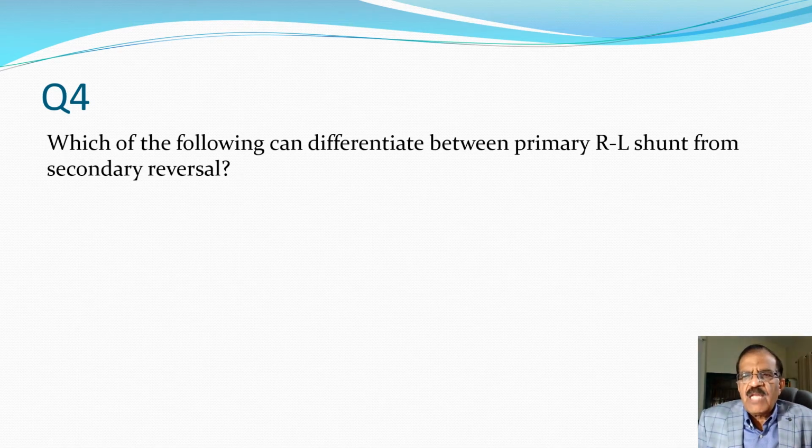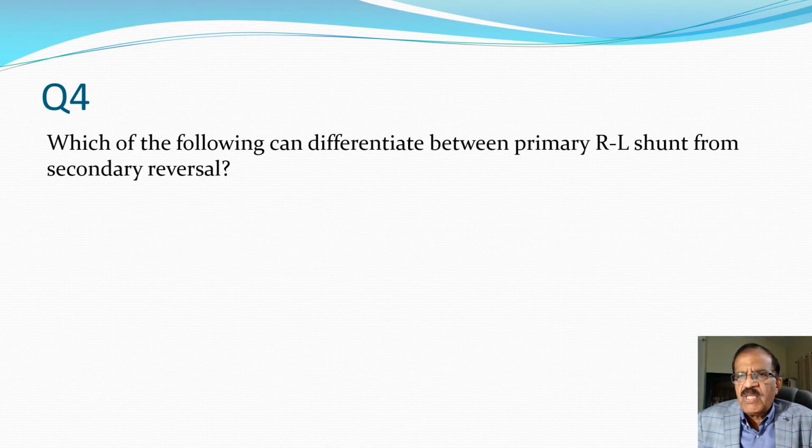So at the time of presentation, you have to differentiate whether this was originally a right to left shunt, like in Fallot's tetralogy, or this was originally a left to right shunt but now it has reversed.